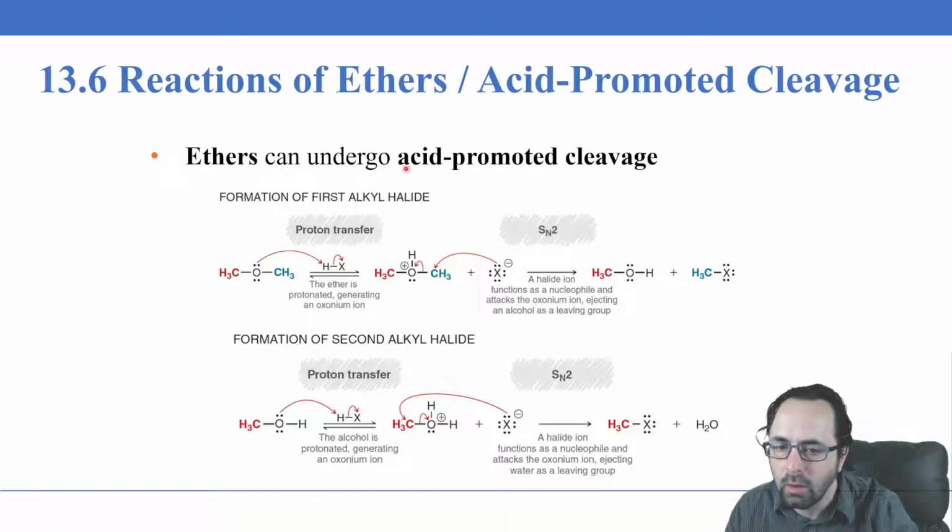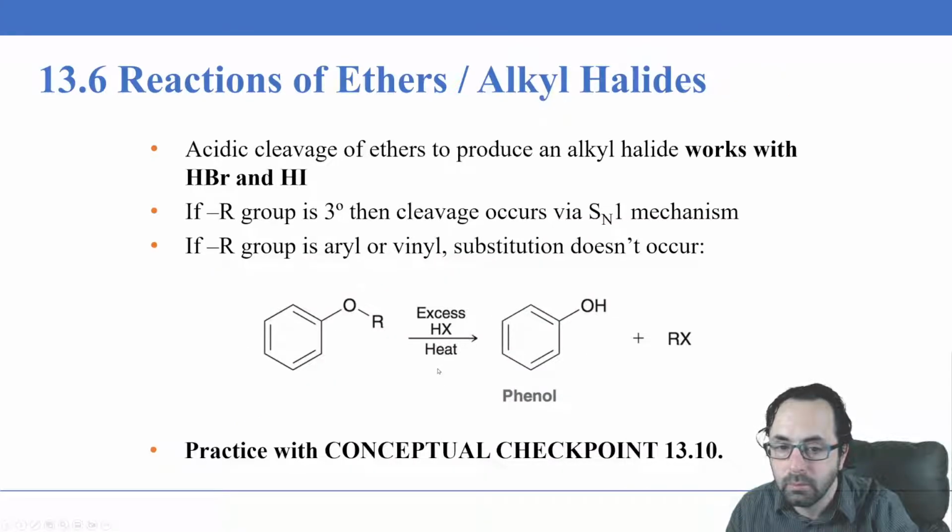So ethers can undergo acid-promoted cleavage. The acid is a reactant, not a catalyst. The acid reacts to break the ether and make it into alkyl halides. Acidic cleavage in this way will work with HBr and HI.